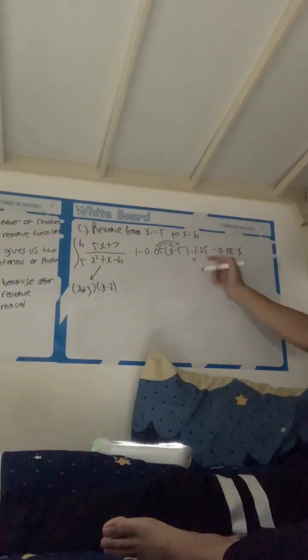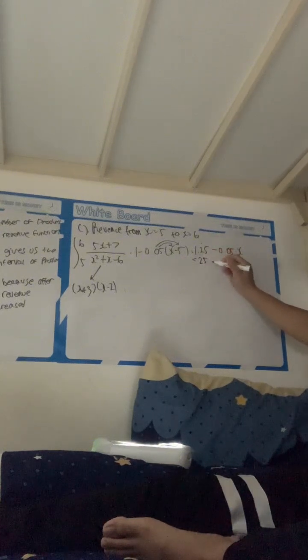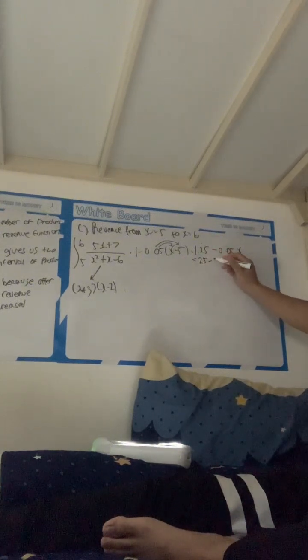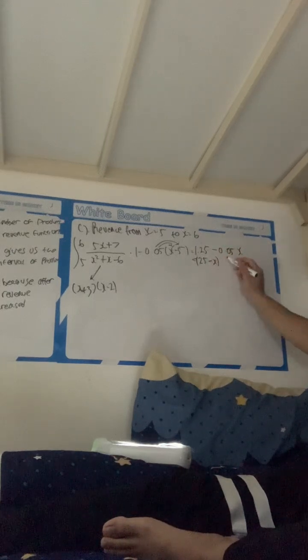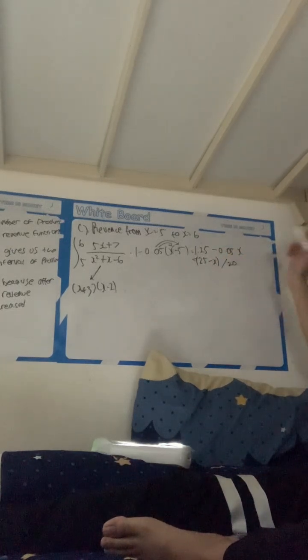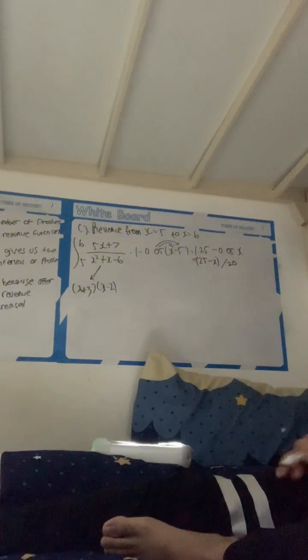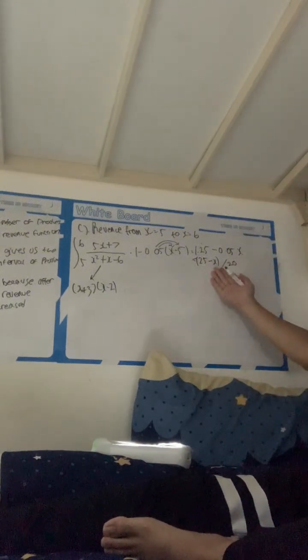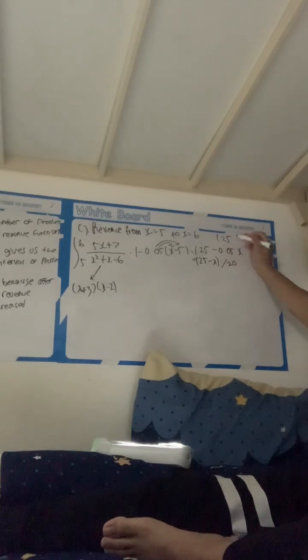So the 1.25 will be 25 minus x divided by 20. Okay, so that's the way to simplify it. So we already got this written down, so we're gonna write it down here first.